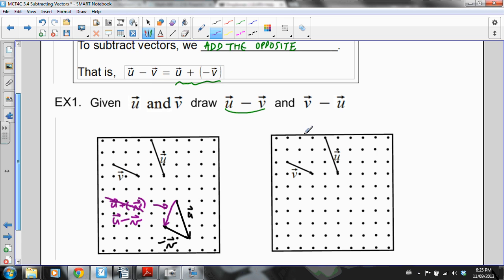We're going to practice it again here, and actually I'm going to, just for fun, use the parallelogram rule. So the positive one is V, and I'm going to write V down here.